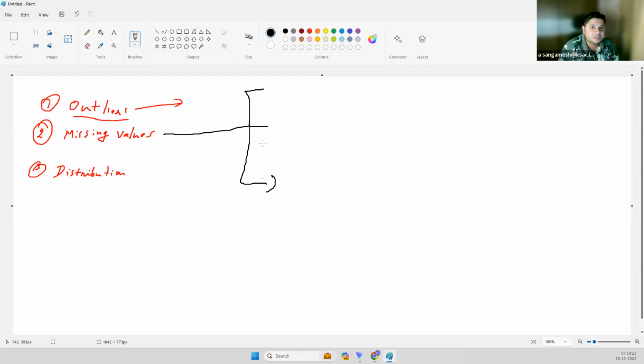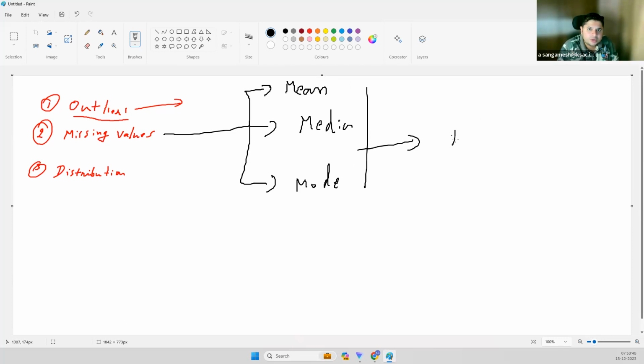Whenever you see a missing value, you try to impute with mean, median, or mode. This holds true only for your numerical data.